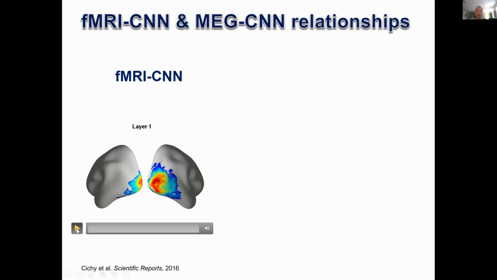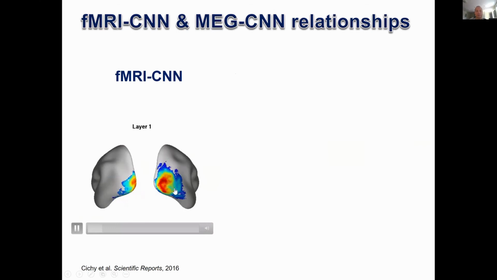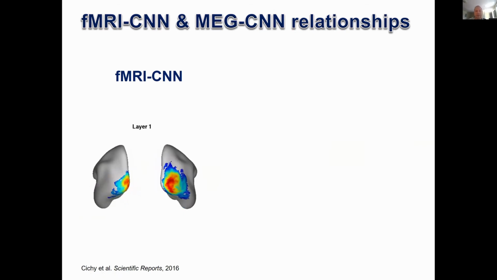So I will play this movie. As you see, layers go higher and higher, and information is deeper and deeper in the brain, more anterior. So as we move to higher layers, there is a relationship between brain and models in higher level areas. So indeed, the convolutional neural networks have a similar hierarchical structure with brain signals.